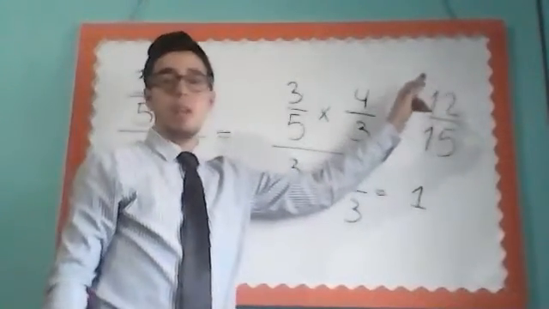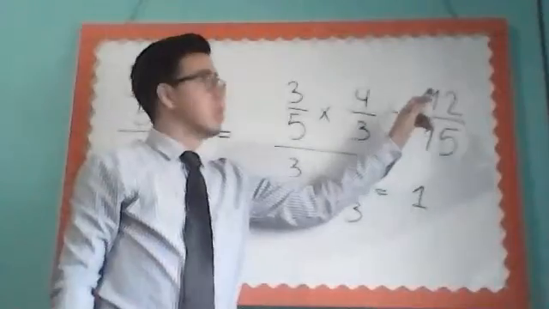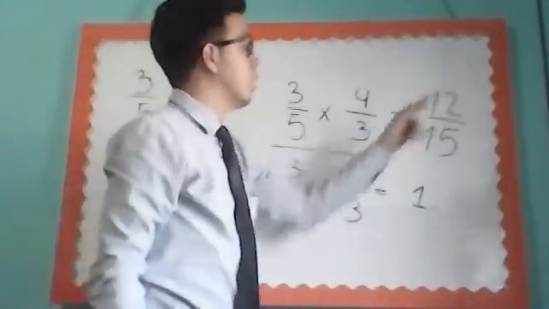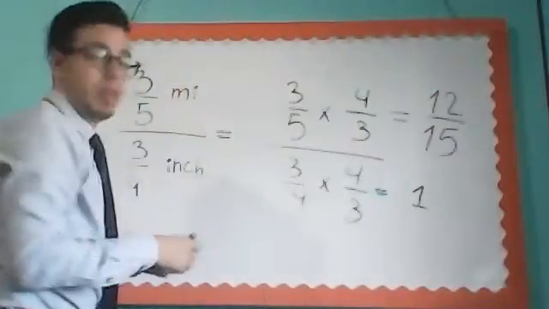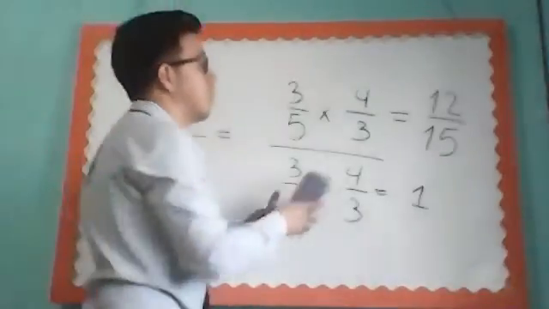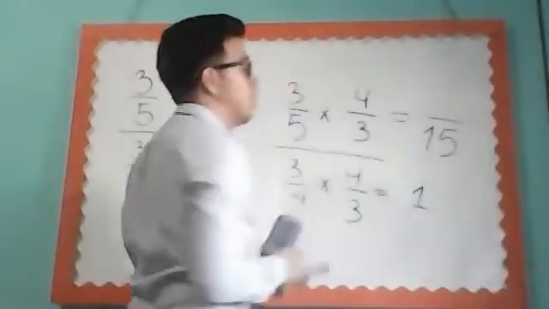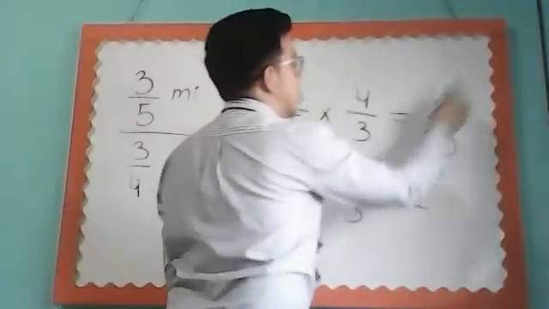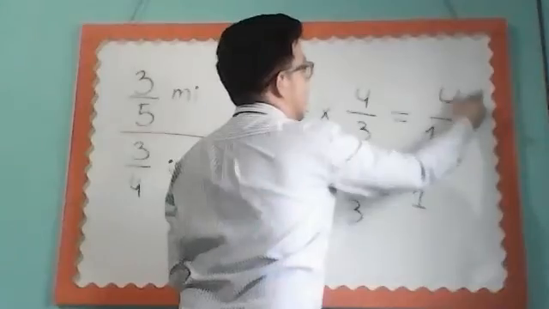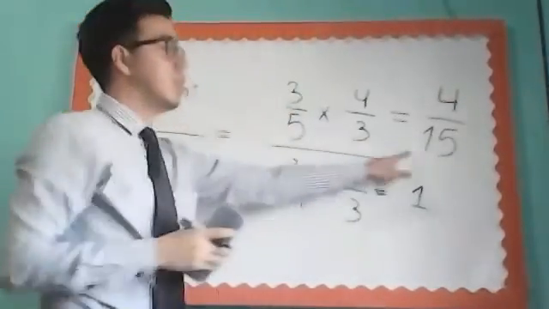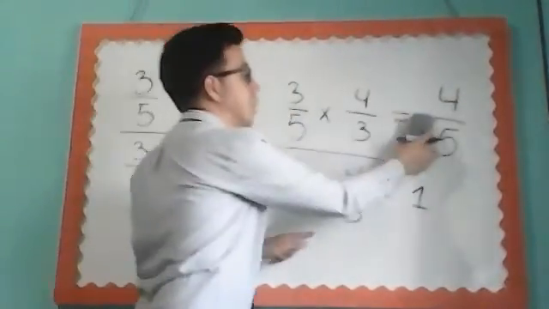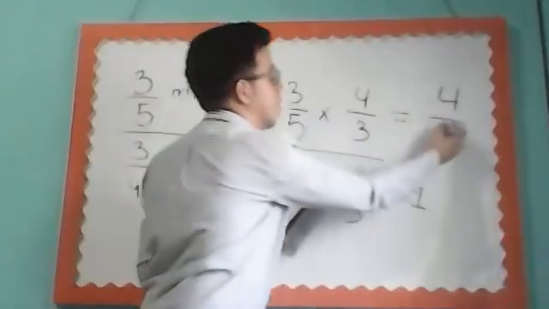To simplify, I only need to divide by 3. If I divide the 12 by 3, you obtain 4, and if you divide the 15 by 3, you have 5.